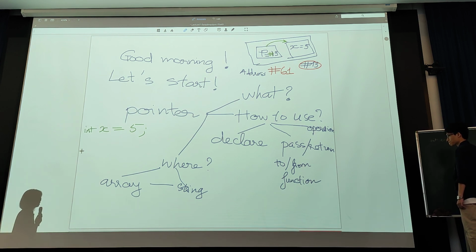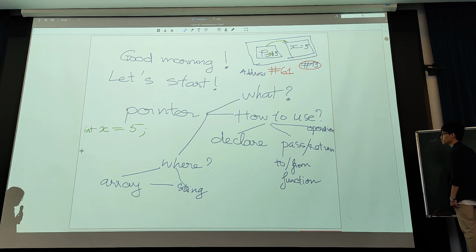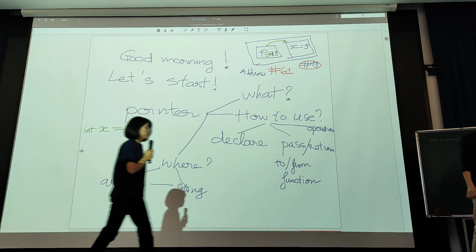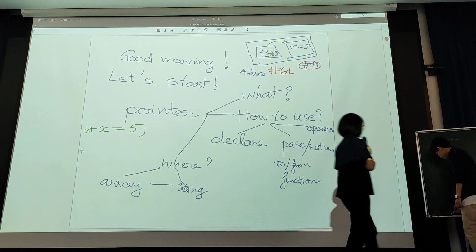Integer pointer. How can you make it point to x? Yeah, but how to declare a pointer? Do you remember? You don't remember? Alright, thank you. This is one of the previous content of the previous session. Thank you. You can leave it there.